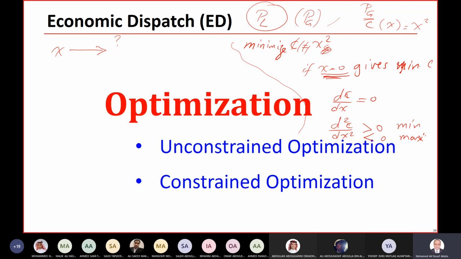Variables in reactive power dispatch are not the generator output of real power, but could be the generator output of reactive power. You can also have switchable capacitor banks. This also will affect the reactive power in the load system.